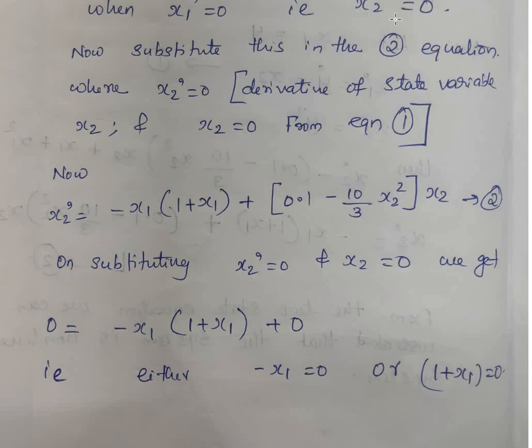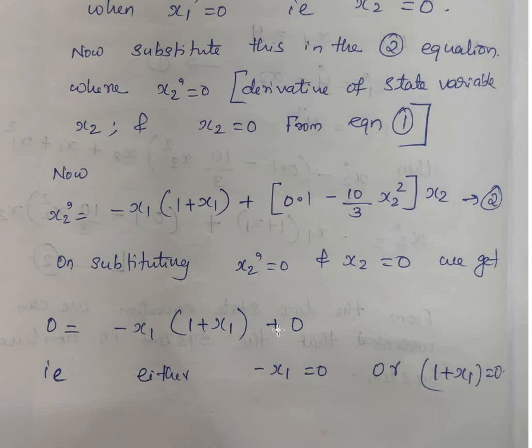We already got x2 is equal to 0 from the first state equation. So, by substituting x2 dot equal to 0 and x2 equal to 0, the second state equation becomes 0 is equal to minus x1 into 1 plus x1 plus 0, since this whole term is multiplied by x2, this whole term will be 0.